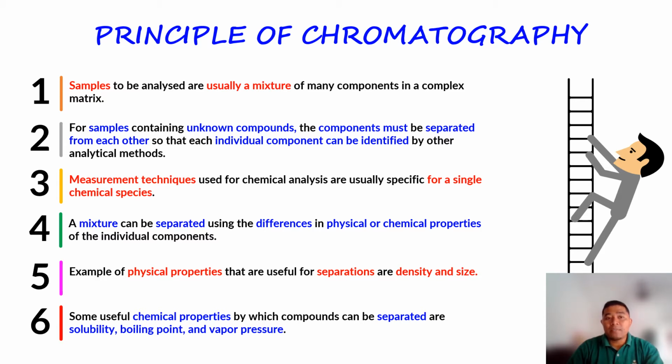A mixture can be separated using the differences in physical or chemical properties of the individual components. Examples of physical properties that are useful for separation are density and size. Some useful chemical properties by which compounds can be separated are solubility, boiling point, and vapor pressure.